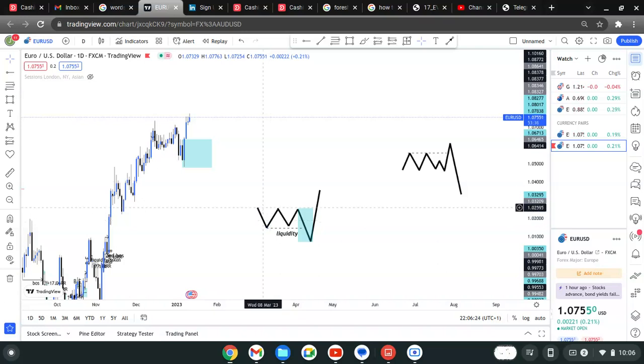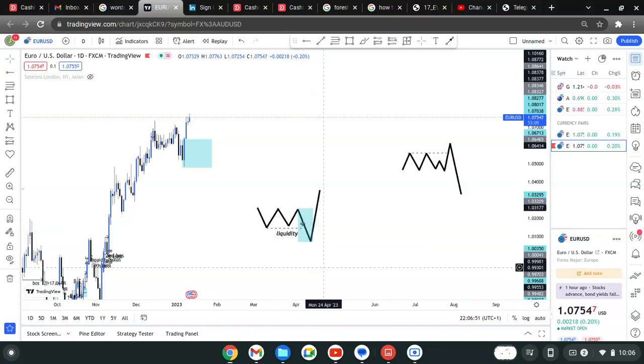I know many mentors teach it differently on YouTube and in private mentorships, but the original idea behind supply and demand, which I think was created by the man himself, ICT, is that we know large banks have all the liquidity, all the money. We don't move price.